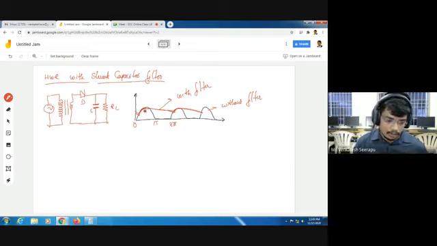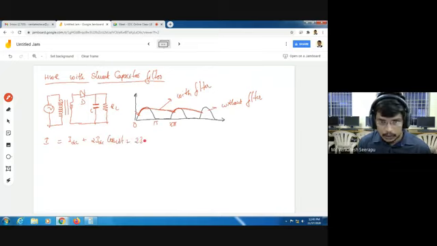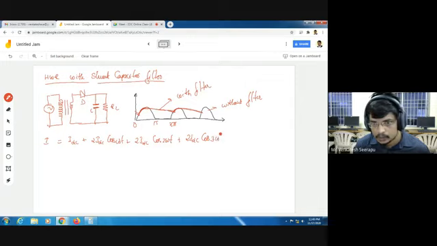For with filter, the equation for this red line waveform is I equal to IDC plus 2IDC into cos omega t, plus 2IDC into cos 2 omega t, plus 2IDC into cos 3 omega t, and so on.